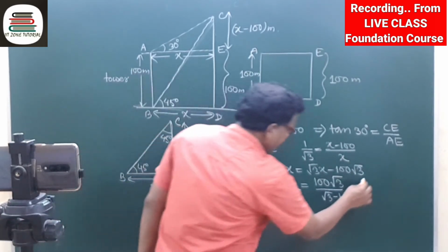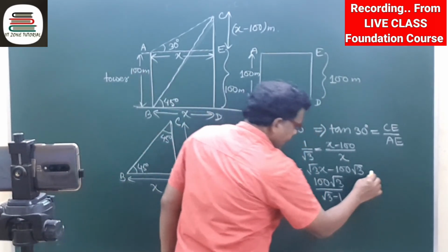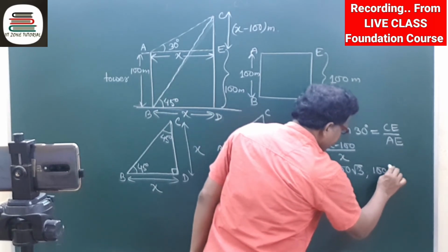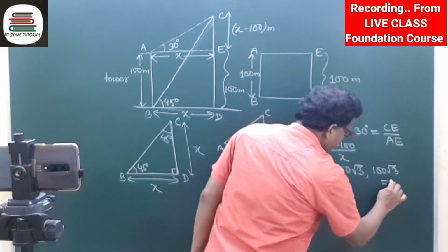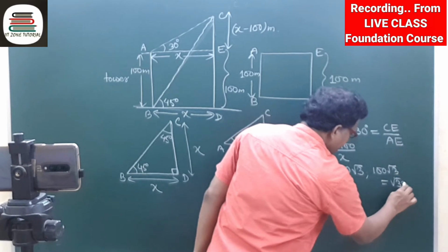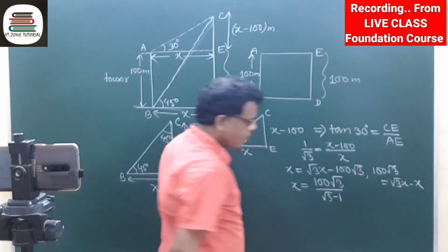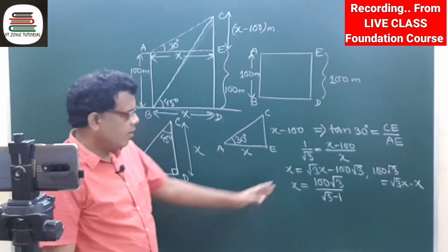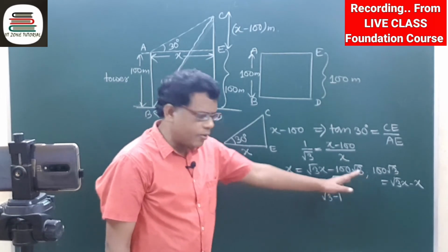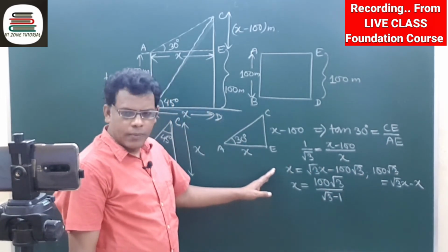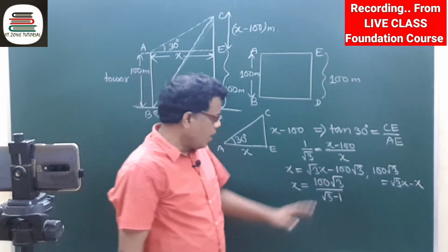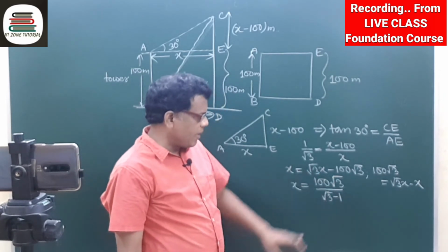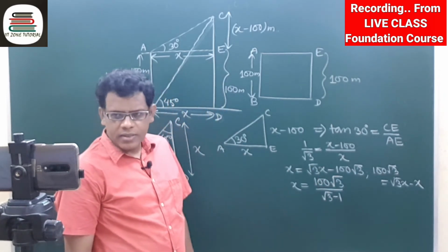Okay, I am doing the next step. See, I can write down this is 100 root 3 is equal to root 3 into X minus X. If I take minus 100 root 3 to LHS, it will become plus, and this X taken to RHS, it will become minus. So can I write down this?